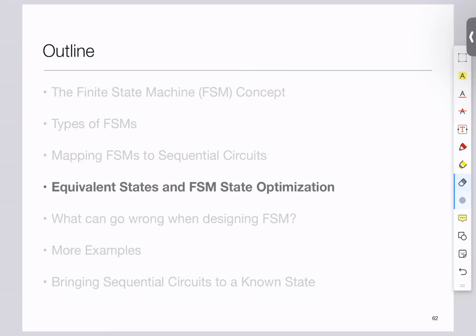Now, the only thing is, when I implement it in Logisim, I don't implement it in terms of gates. I use a ROM. Why do you think I use a ROM? Anyone remember what a ROM does? Yeah, it's a read-only memory, but why am I using a ROM to implement the finite state machine?